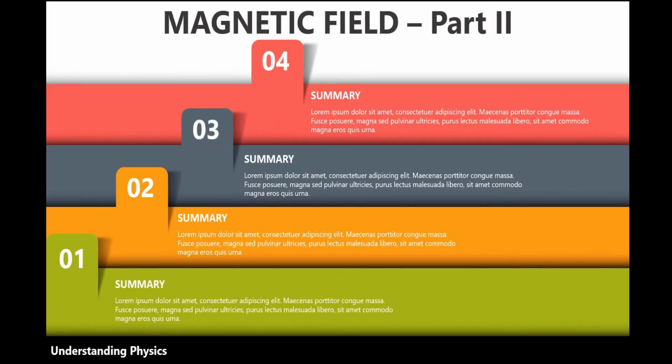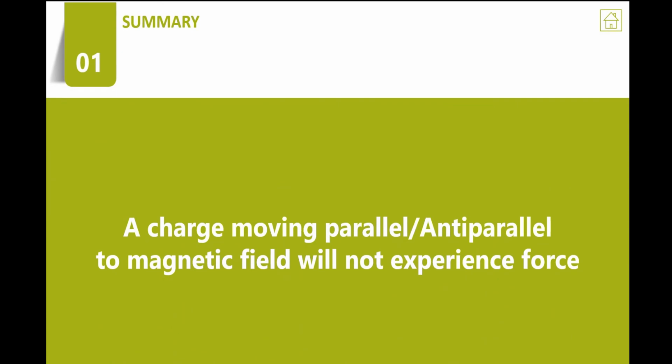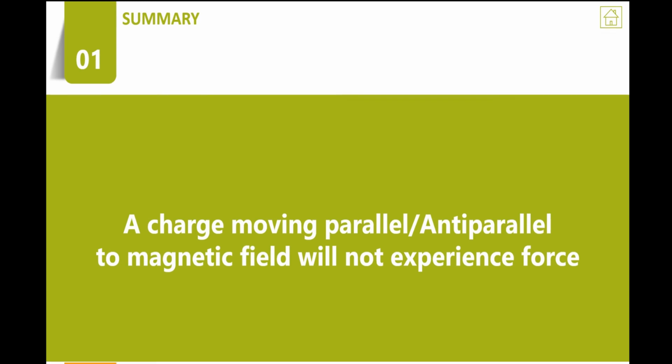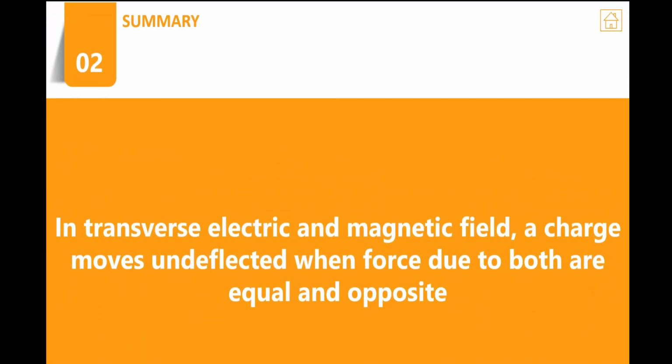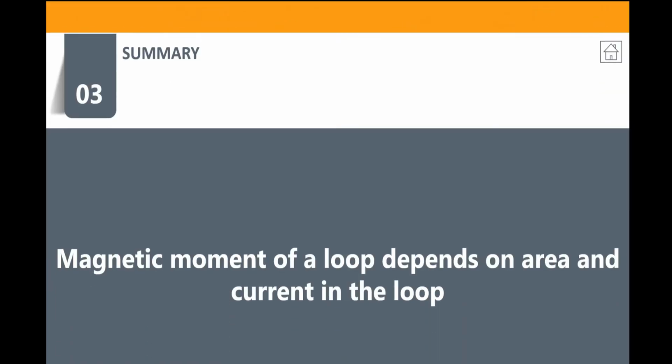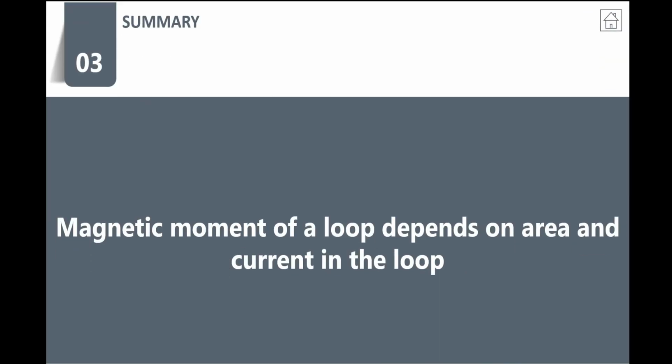Magnetic Field Part 2 Summary. A charge moving parallel or anti-parallel to a magnetic field will not experience force. In transverse electric and magnetic fields, a charge moves undeflected when the forces due to both are equal and opposite. Magnetic moment of a loop depends on area and current in the loop.